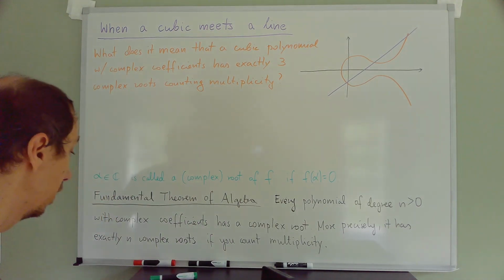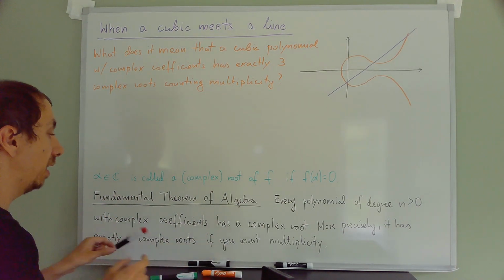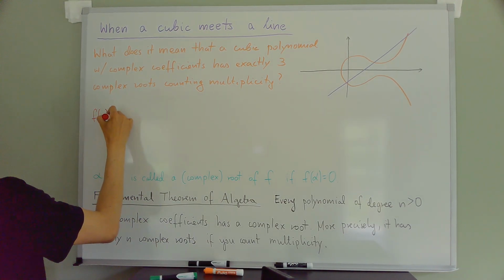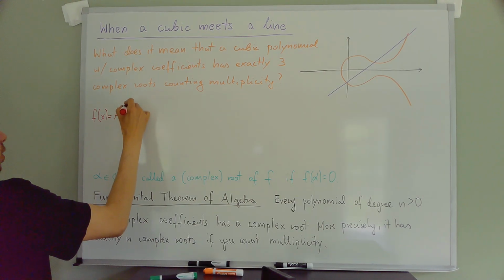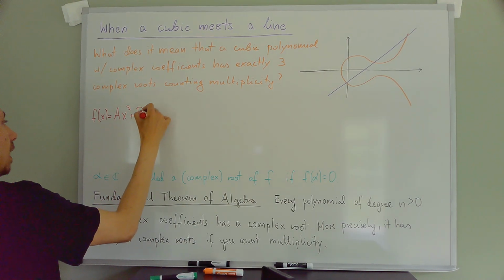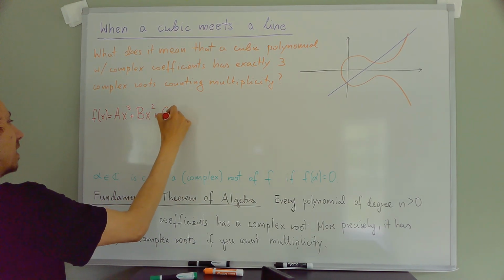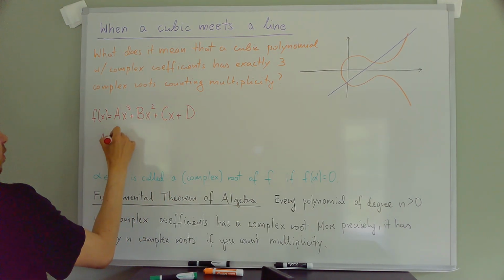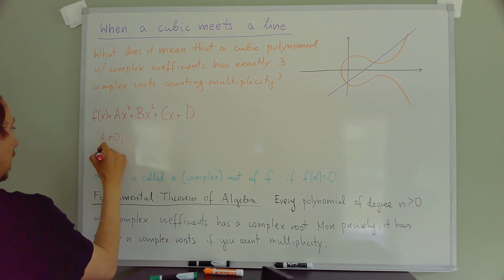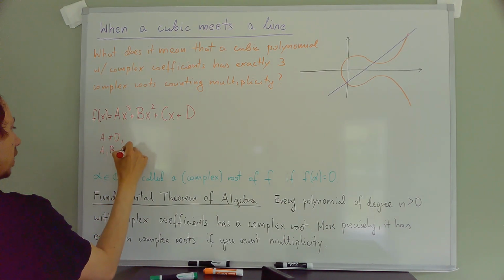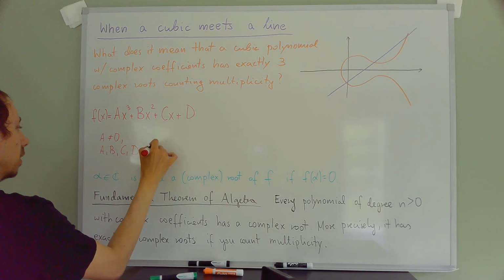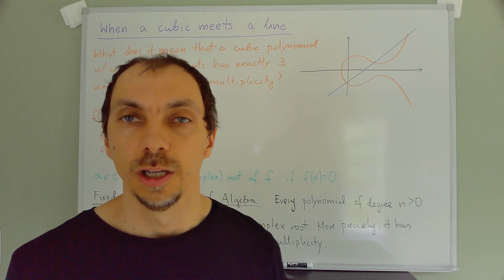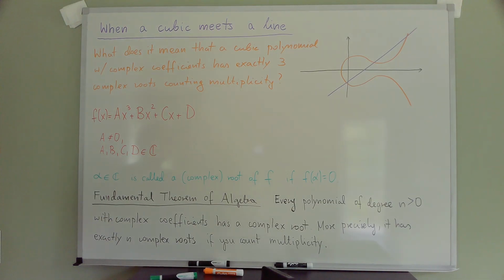So it means this: if I take that cubic polynomial of mine, f of x was ax cubed plus bx squared plus cx plus d. Remember, a was not 0. And the a, b, c, and d, for now I'll just take them to live inside the complex numbers, but we will be interested in a more special situation when they actually are real or even rational.